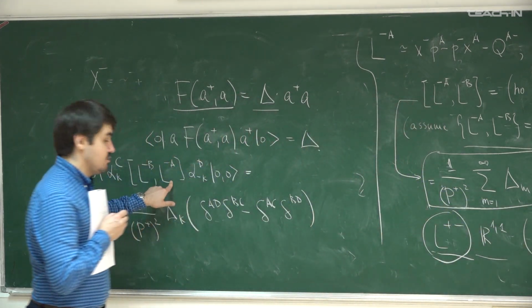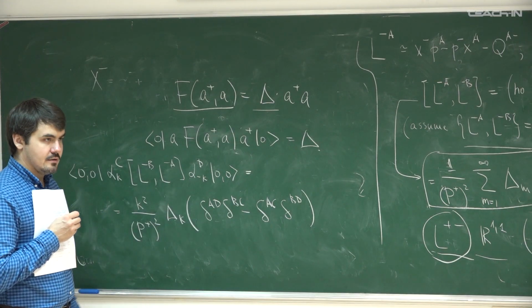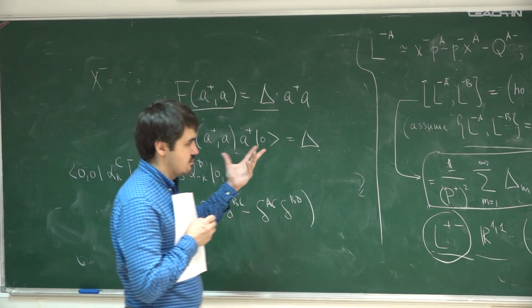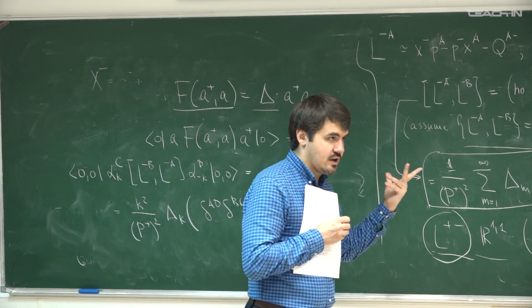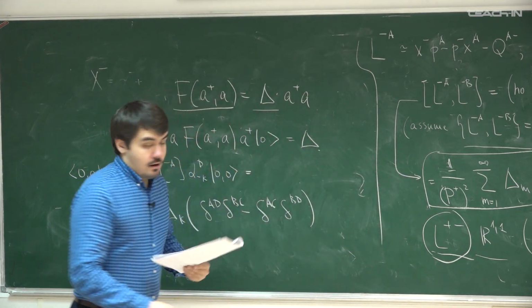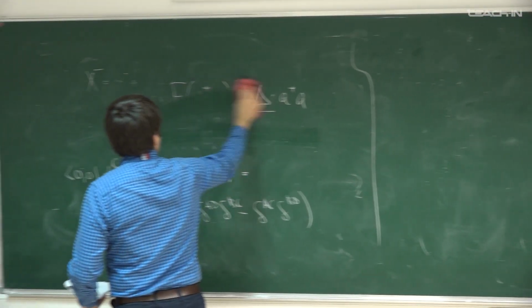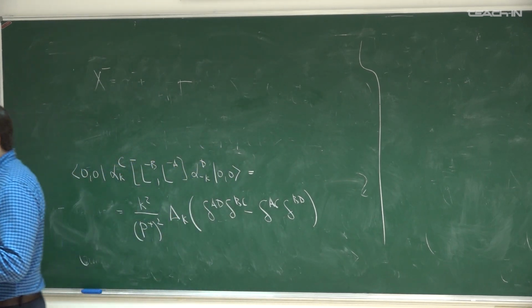Now we have to compute this matrix element and read off delta k. K squared comes from the fact that our oscillators commute to k; the commutator is k, not 1. So one needs to compute this matrix element.